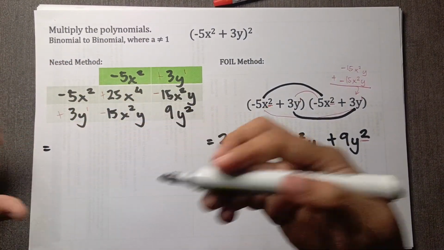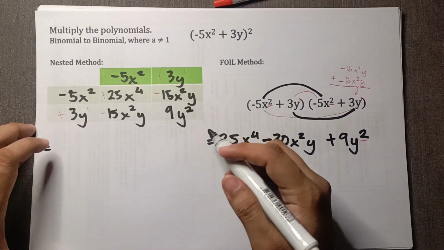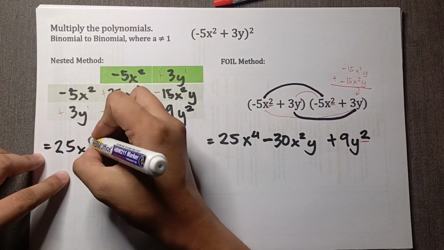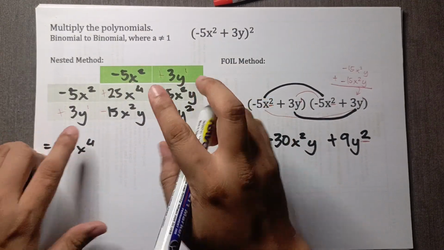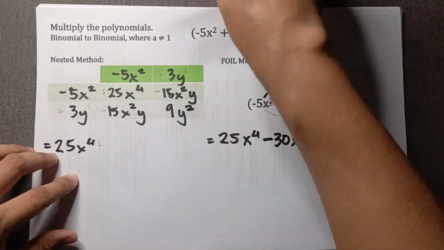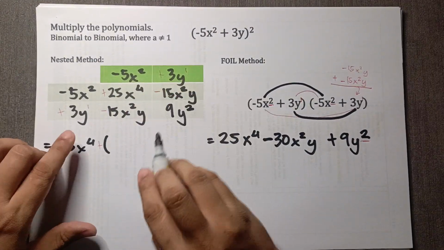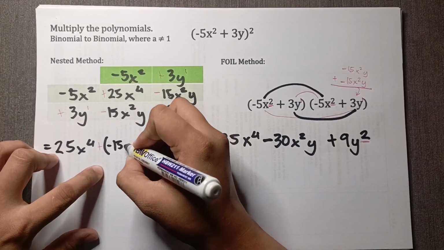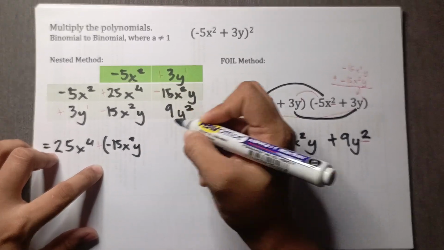So, let's list down lahat ng mga nakuha natin. So, we have 25x raised to 4. And then this 2. Okay, mag-add tayo. So, we have negative 15 x squared y.